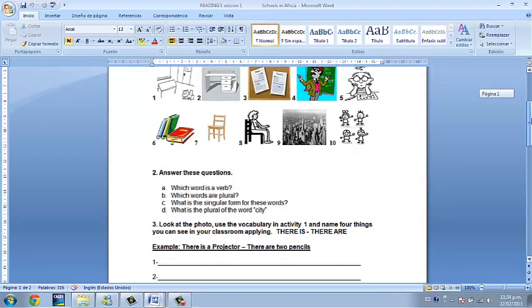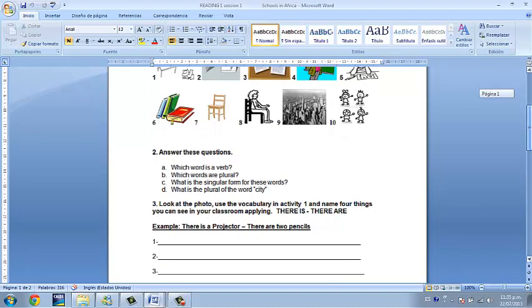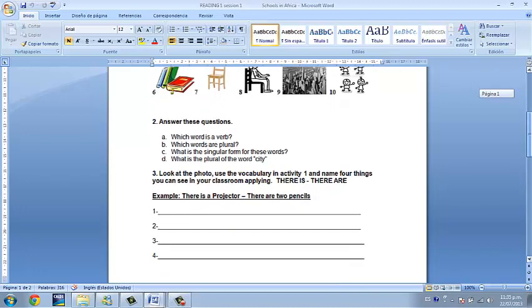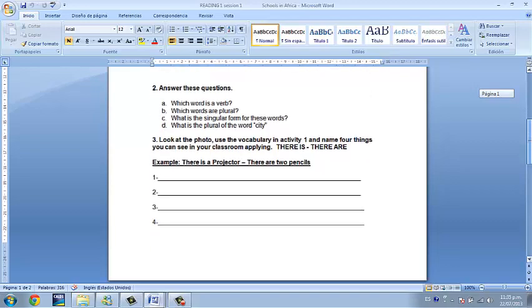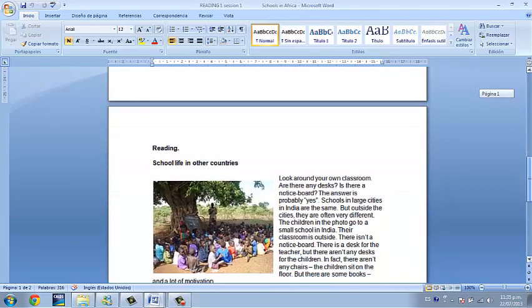They need to figure out which word is a verb, a plural, a singular of these words, what is the plural form of city. They need to apply what they have been taught. For example, there's a projector, there are 2 pencils. They could take a look around the class and take examples from the class itself.